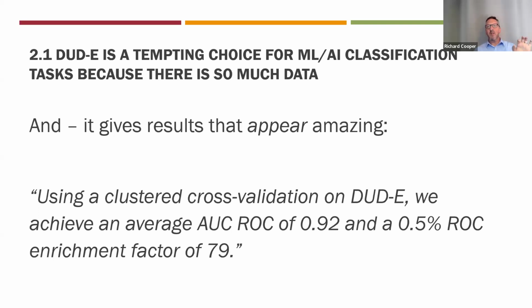Using a clustered cross-validation on DUD, we achieve an average AUC ROC, area under the curve of the receiver operating characteristic, of 0.92, and a 0.5 ROC enrichment factor of 79. That means if you look at the very early enrichment when you rank your ligands, you're going to have 79 times more actives in that little section of data than you would expect if they were random, which would give you an enrichment factor of 1. So this method's doing really well at getting all the actives at the top of the list.